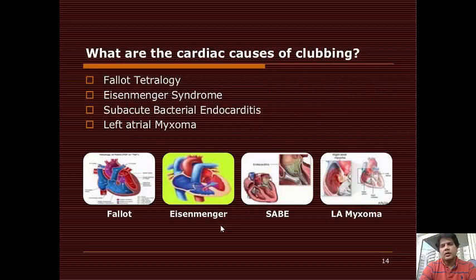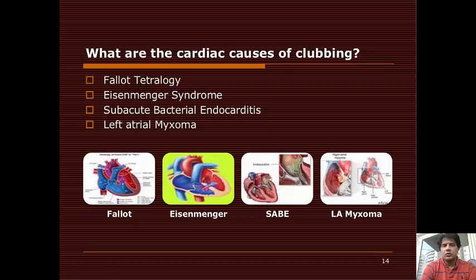Anything cardiac which leads to hypoxia. So, you have Fallot's tetralogy and Eisenmenger syndrome. What is Fallot's tetralogy? It's a right to left shunt. Normally, blood goes from the right atrium to the right ventricle, through the lungs for oxygenation, and then into the left ventricle from where it is pumped out.